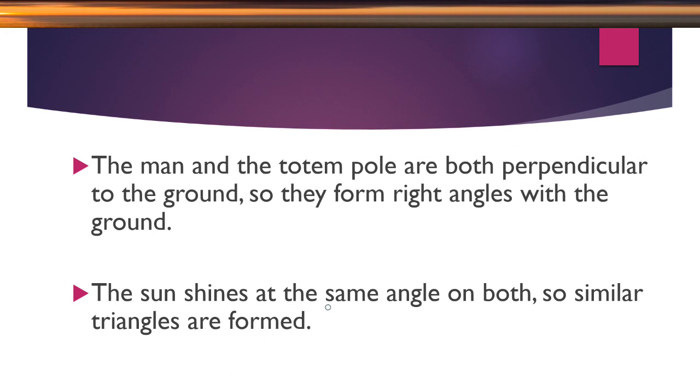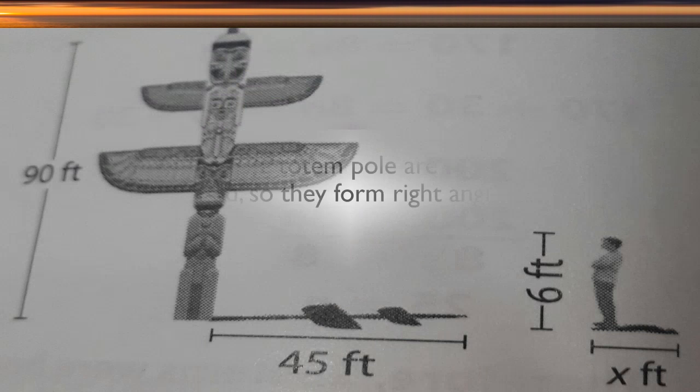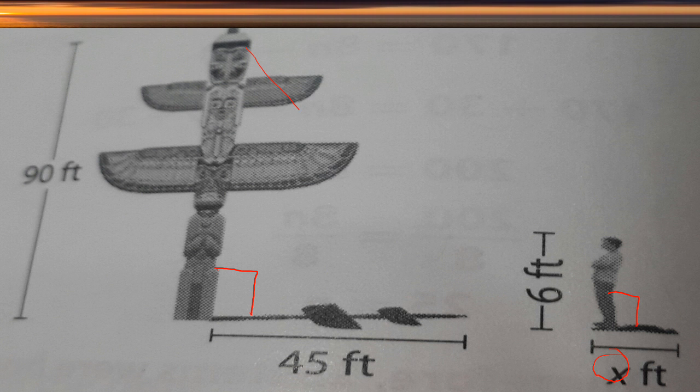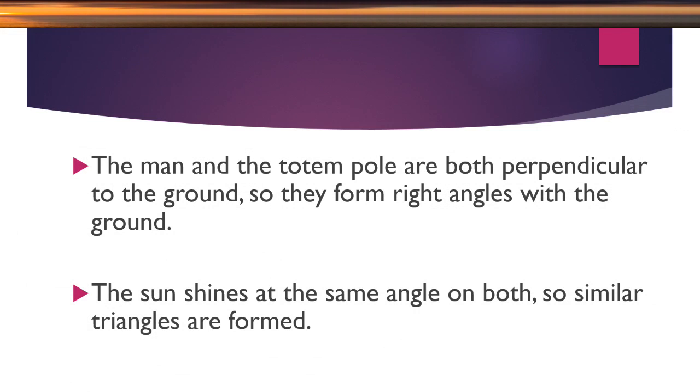The sun shines at the same angle on both, so similar triangles are formed. As you see, if we draw here like this, can you see this triangle now? Also, this is another triangle with the man. So both triangles are right triangles.